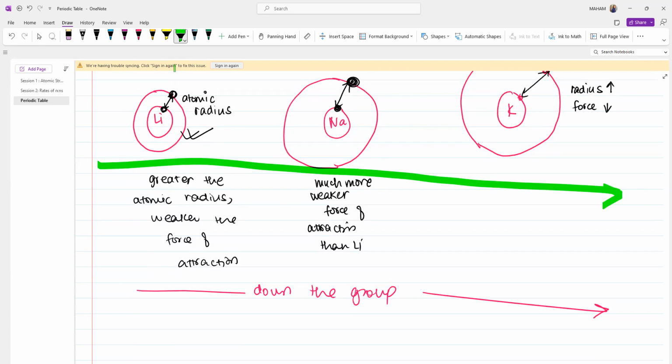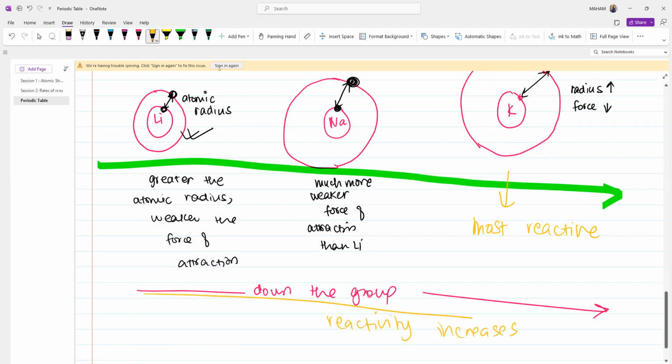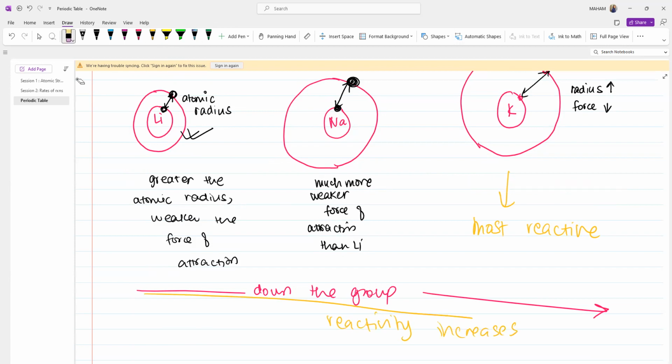Potassium reacts most readily, that means it is most reactive. When it's most reactive, that means going down the group, your reactivity increases, right? Do you get this, or do you want me to explain this again? I understood it. Okay, great.